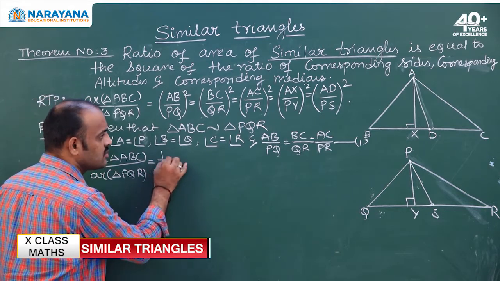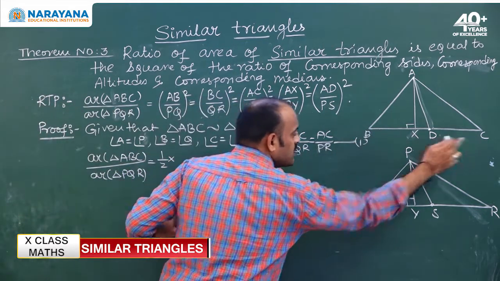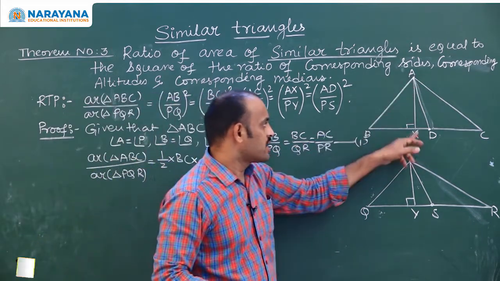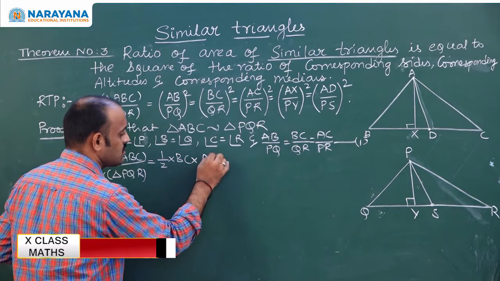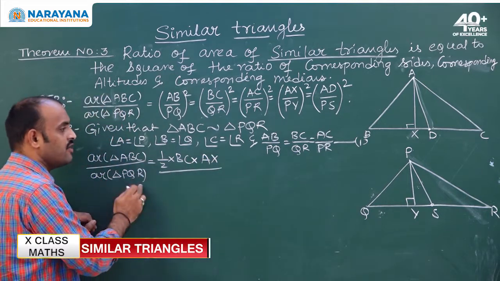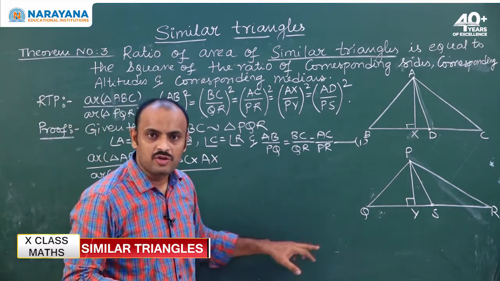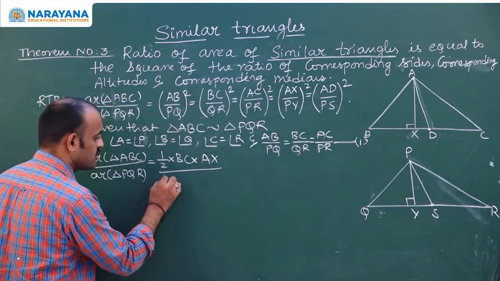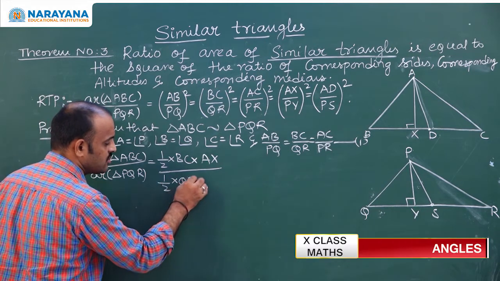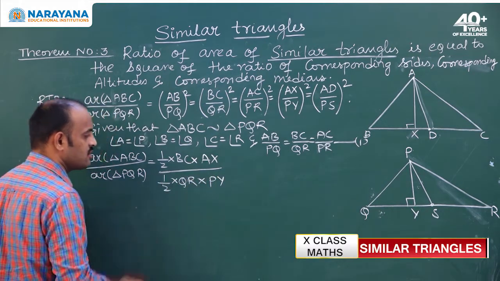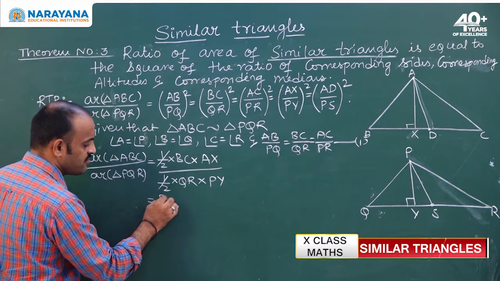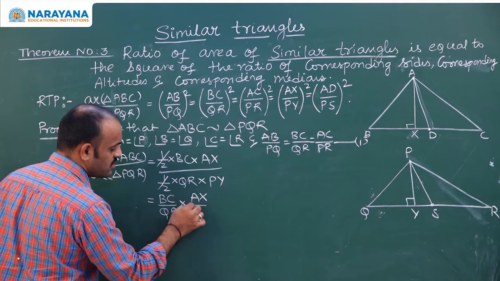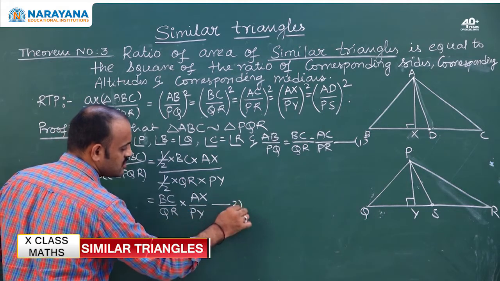For triangle ABC, half into base BC, height AX, and area of triangle PQR, half into base QR and height PY. So half and half get cancelled. We have BC by QR into AX by PY. This is second.